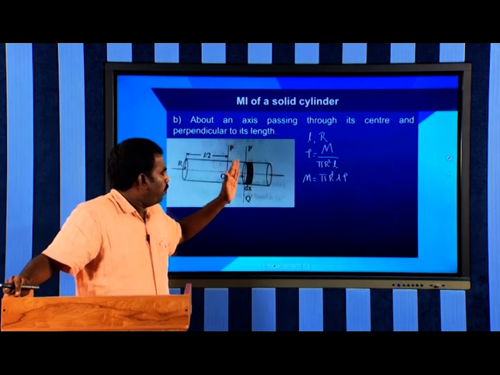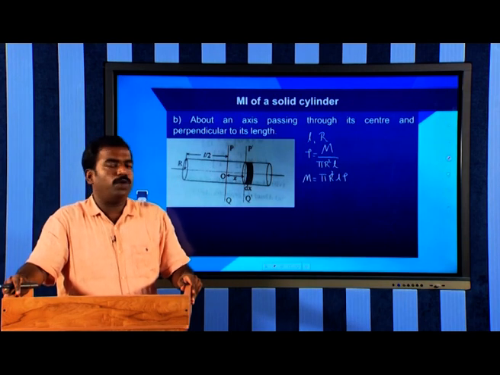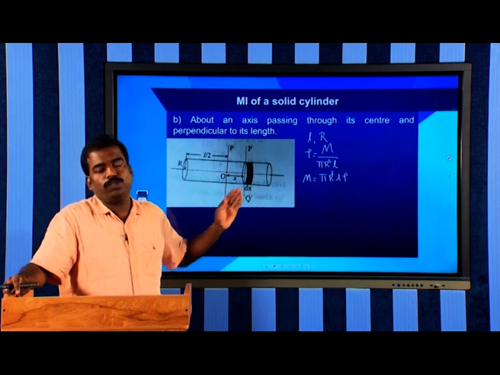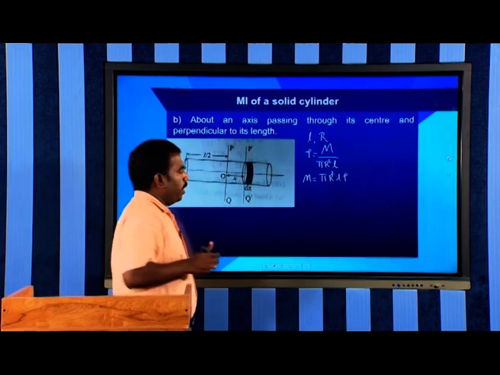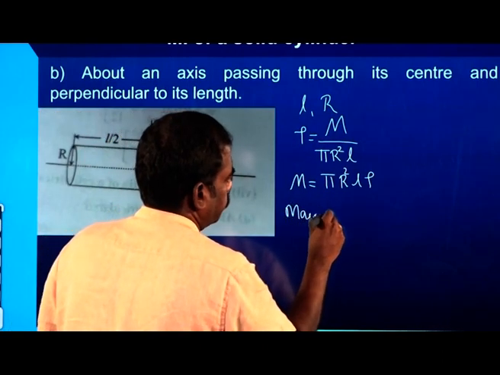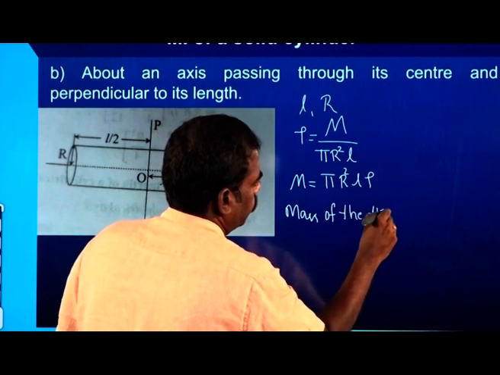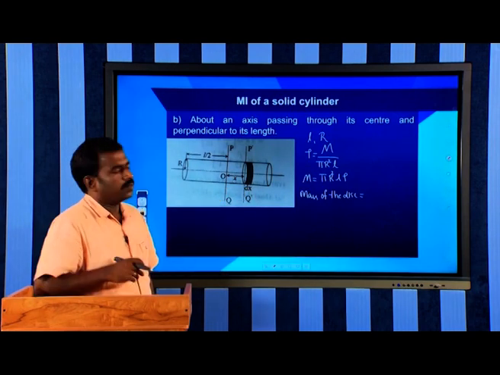To find the moment of inertia of this circular disc about p dash q dash, we need the mass of that small disc.